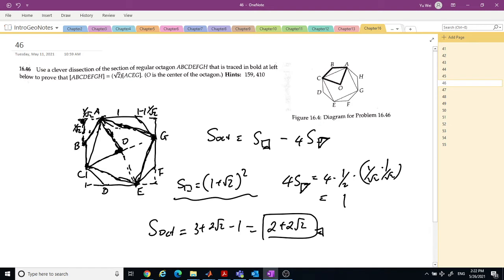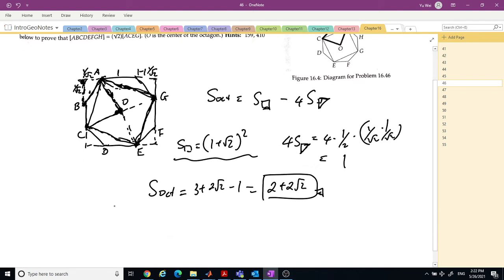Okay, so now let's see how to solve the AC squared.